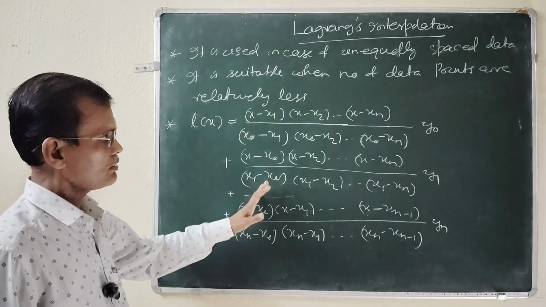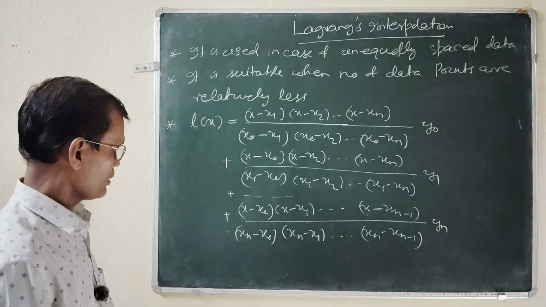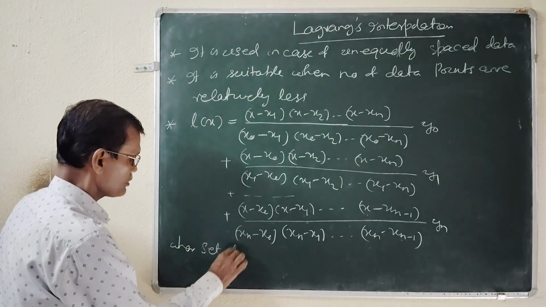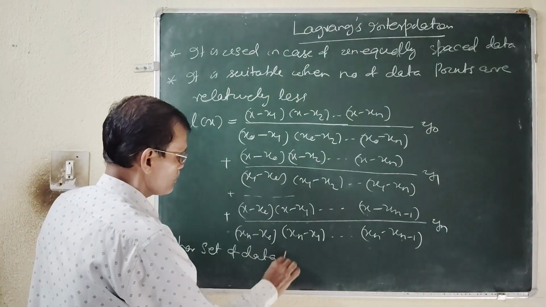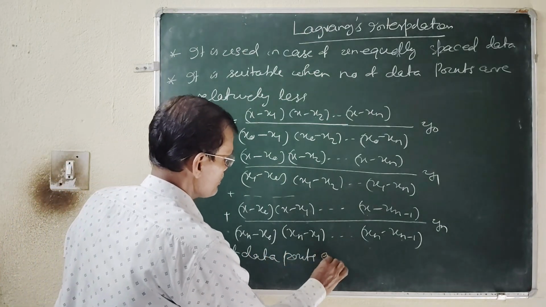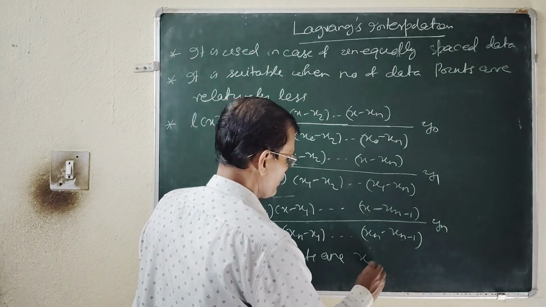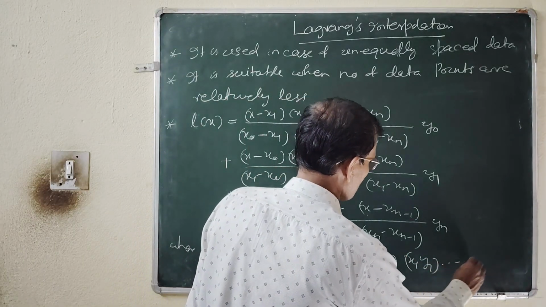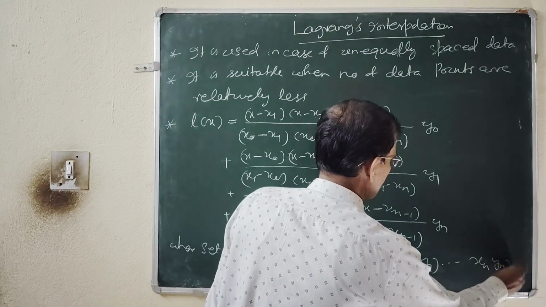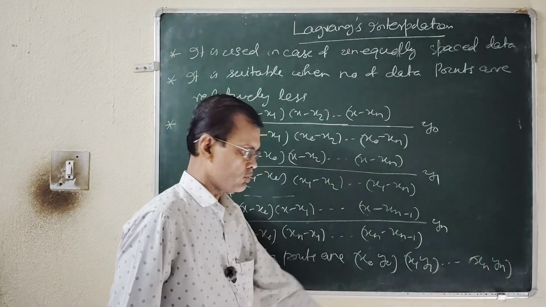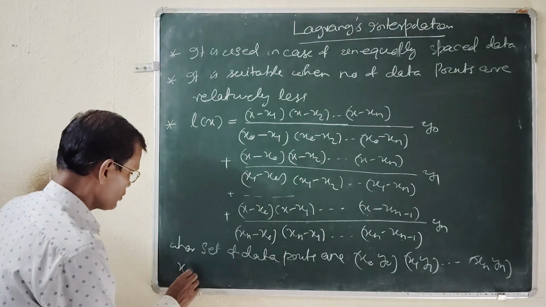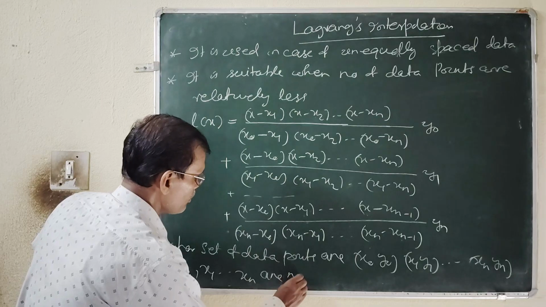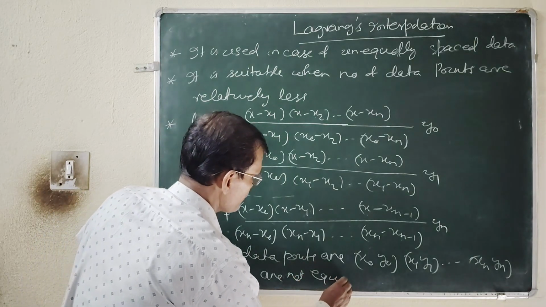And from where do we get this result? Where the set of data points are (x0, y0), (x1, y1) up to (xn, yn), and the values x0, x1 up to xn are not equispaced.